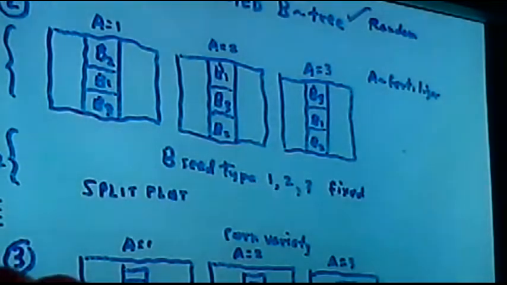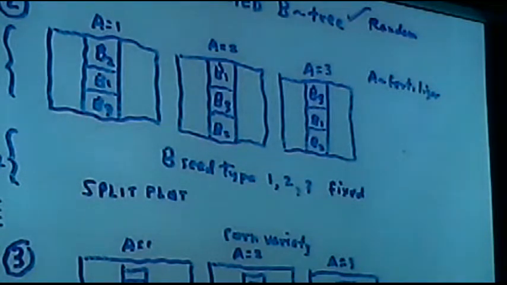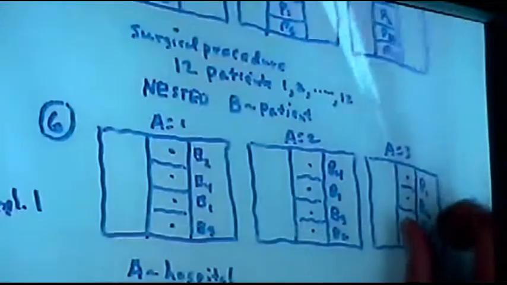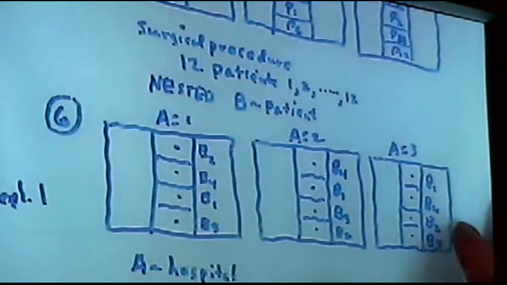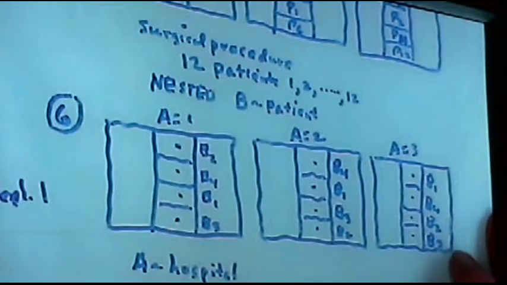In the hospital, we're assigning surgical technique to the patients. So it seemed to me to be identical, very analogous in this hospital situation, as opposed to the agricultural situation.